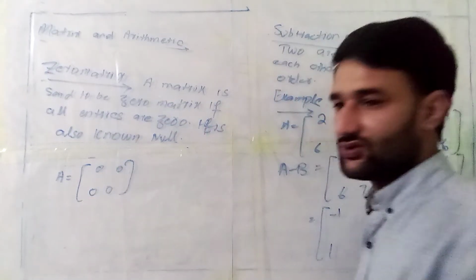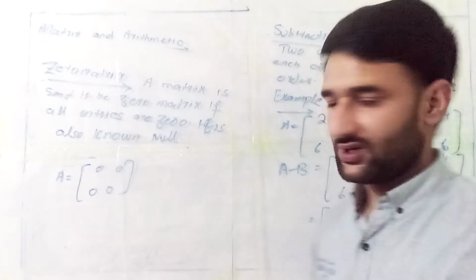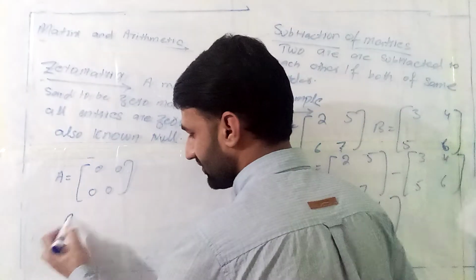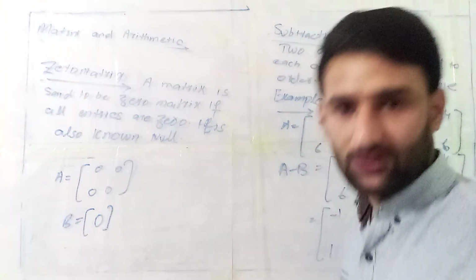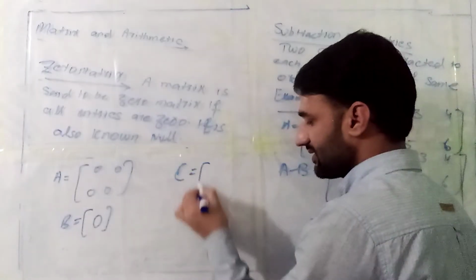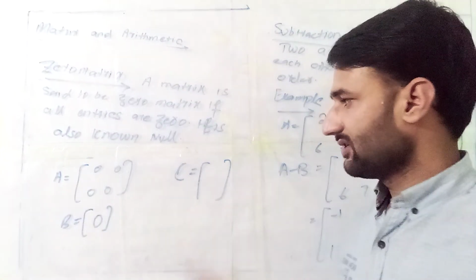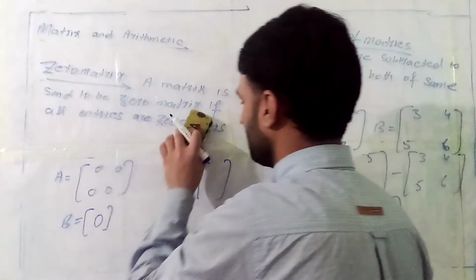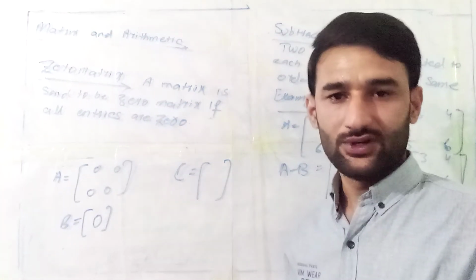This is the zero matrix of order 2 cross 2. You can also write another example, like this. These are also zero matrices. This is the null matrix, right? These are different examples of zero matrices.